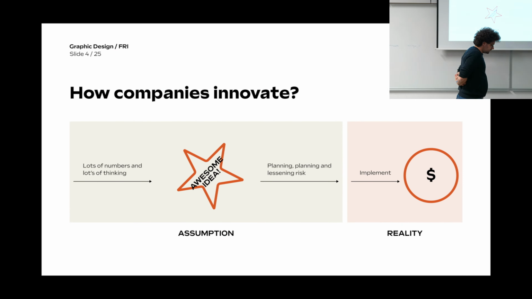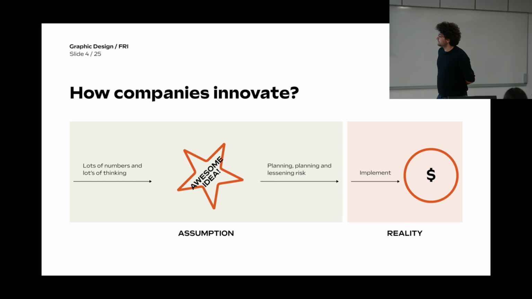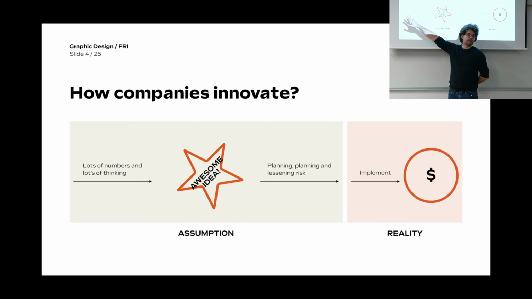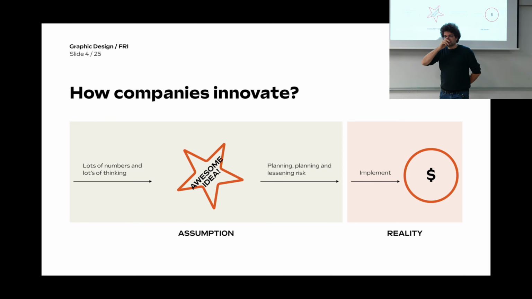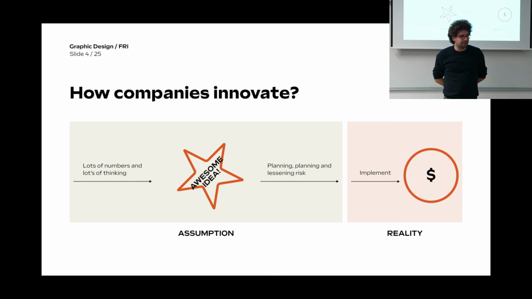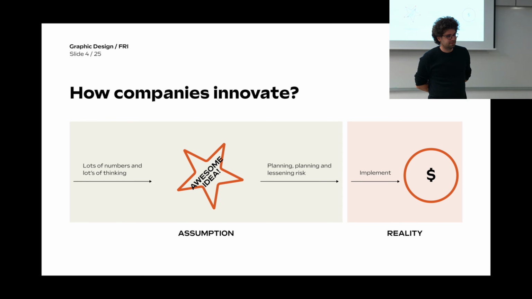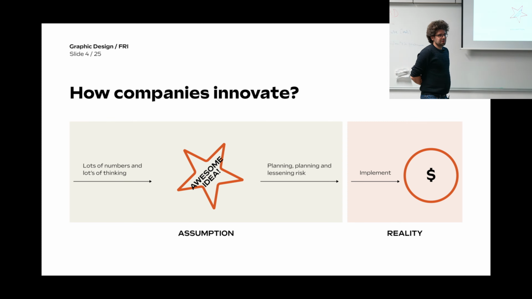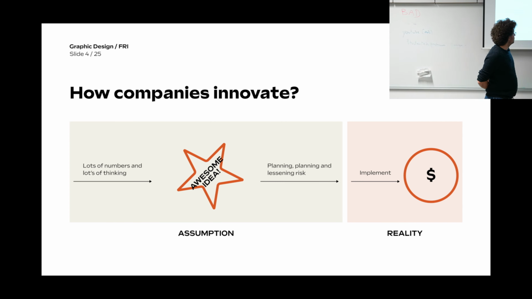So if we first take a look at how companies innovate, this part where we look at a lot of numbers and do a lot of thinking is done by a lot of people. This might lead to something I usually call kolektivna neodgovornost, collective irresponsibility, where a lot of people tackle a lot of numbers, different aspects, different solutions.